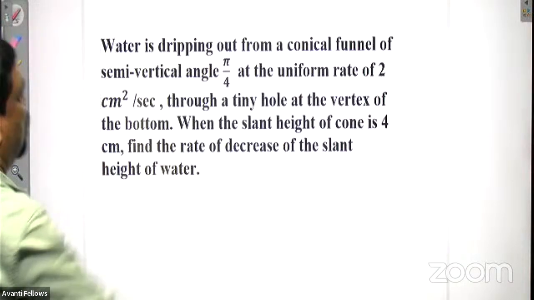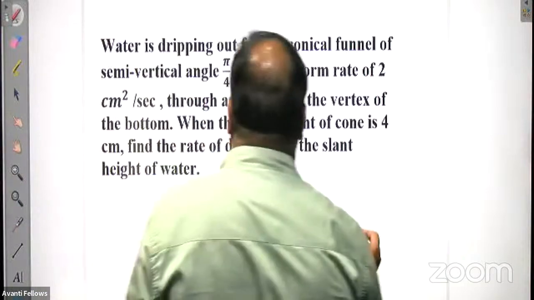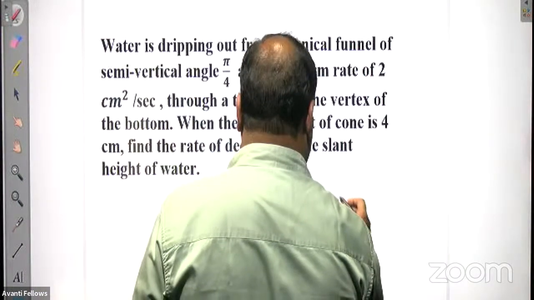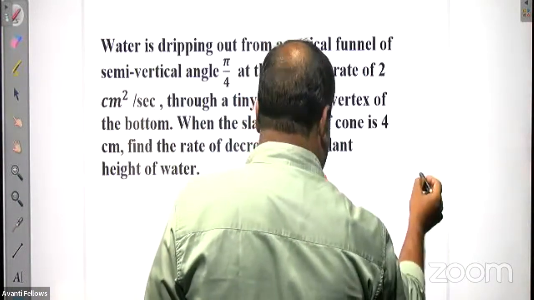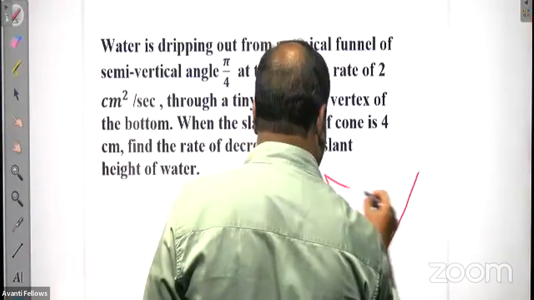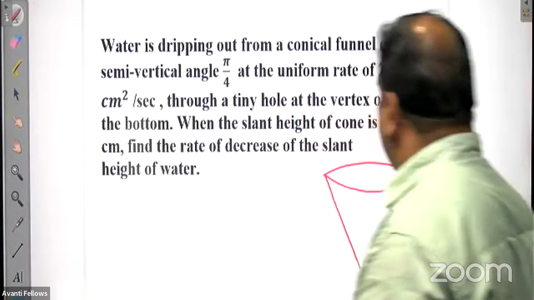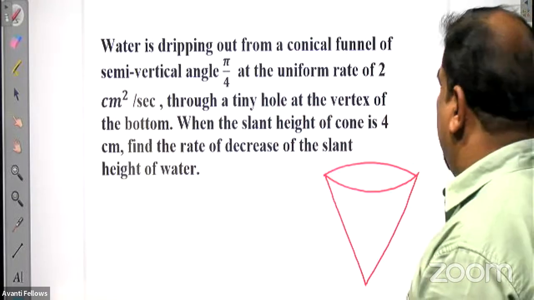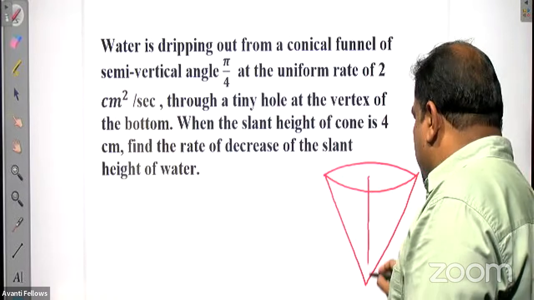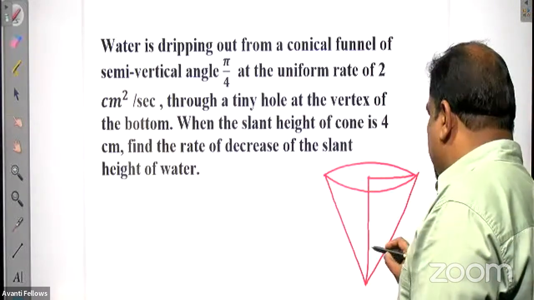So let us draw a figure, a conical funnel. Semi-vertical angle pi by 4, just like the previous question.